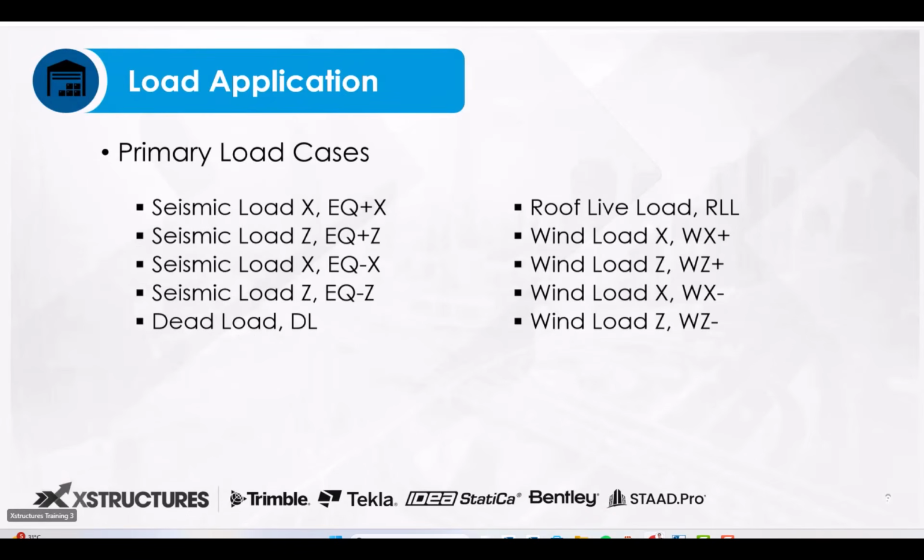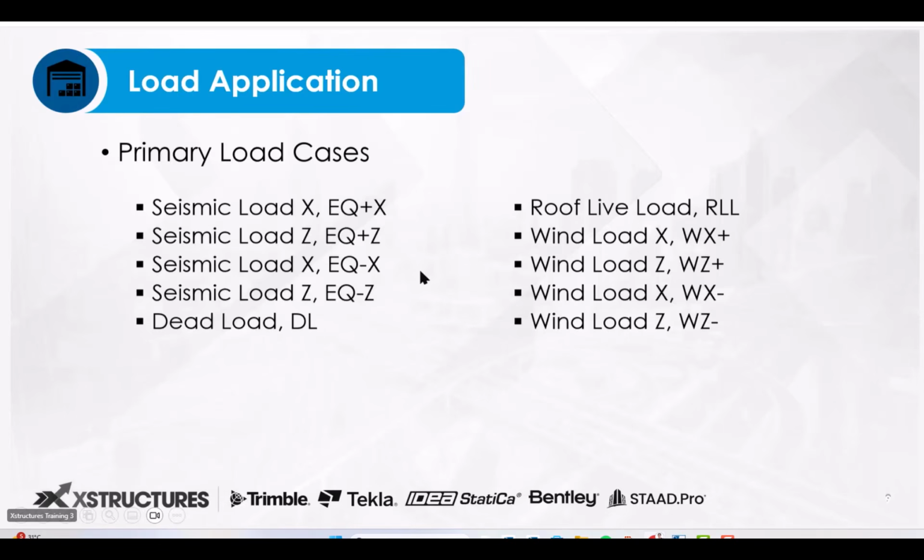I have here my EQ positive X, positive Z, negative X, and negative Z, considering the earthquake in all directions, together with my gravity loads, dead load and roof live load, and my other lateral loads, which are the wind loads, also applied in all directions.